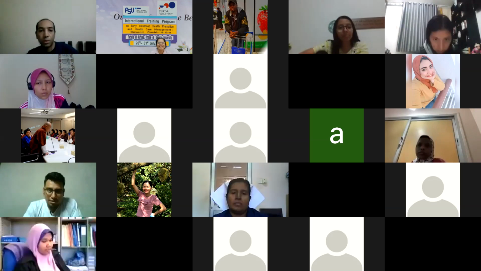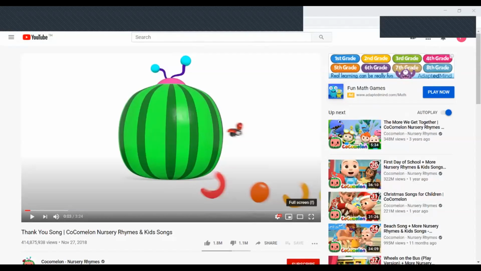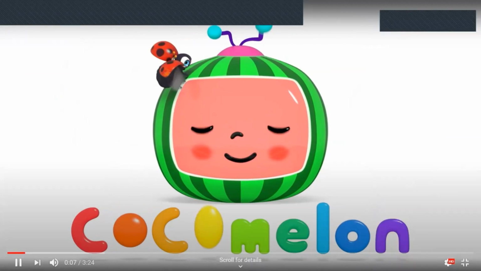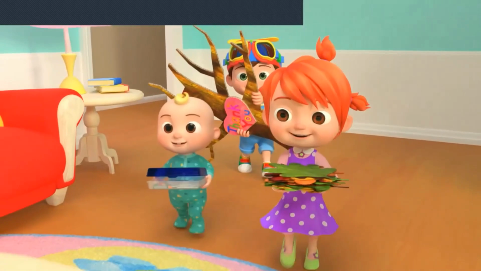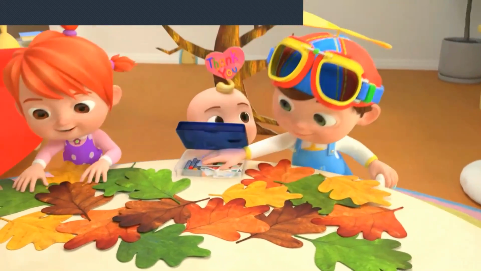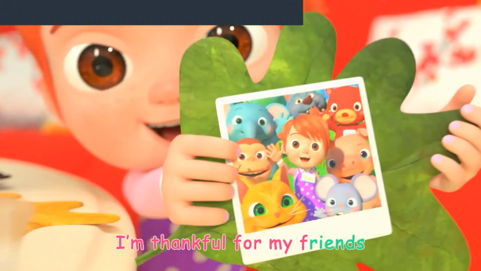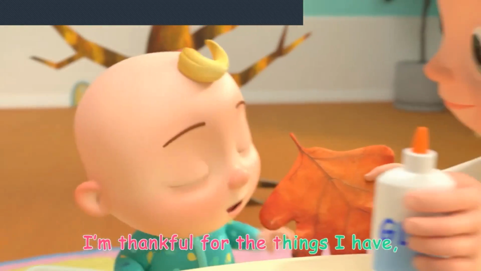Monster Math presents Counting to 10. Okay, class, let's count these munchkins together. I'm thankful for my family. I'm thankful for my friends. I'm thankful for the things I have.